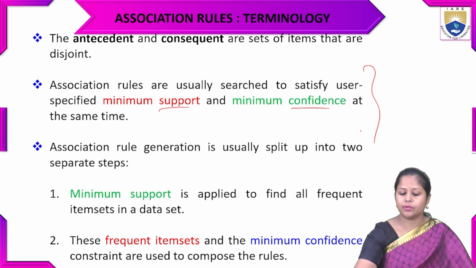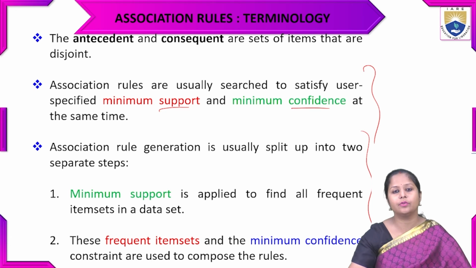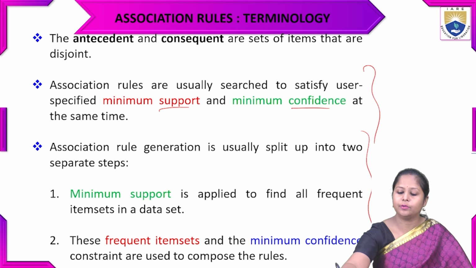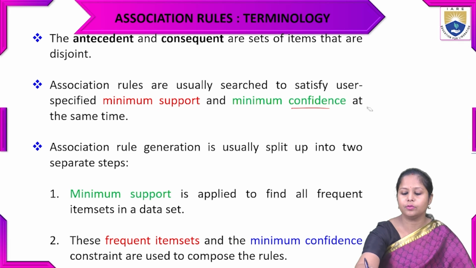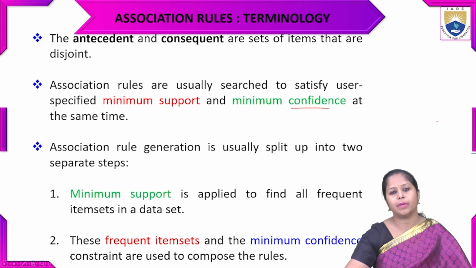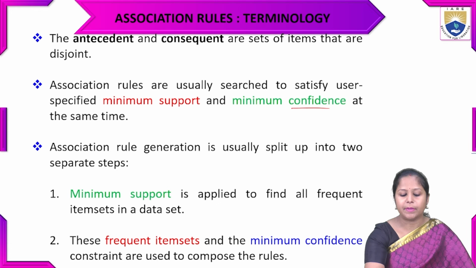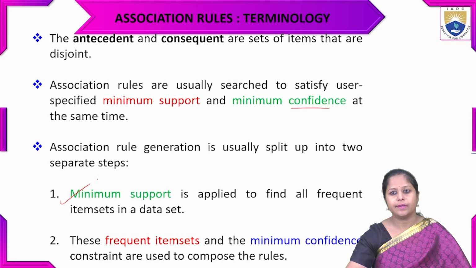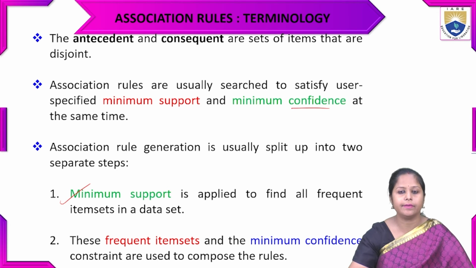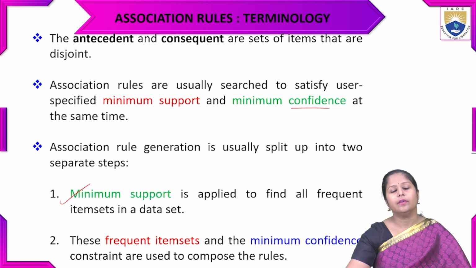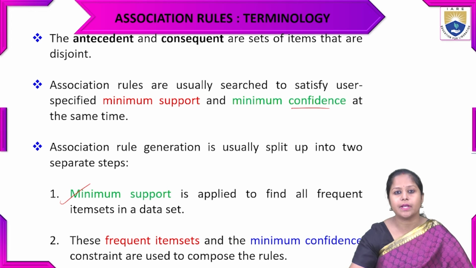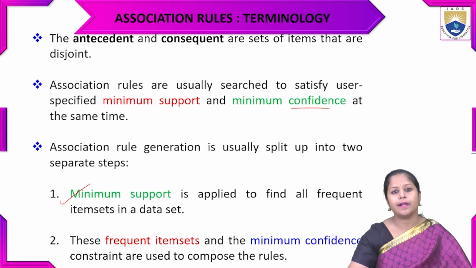So association rule generation is usually split into two parts. These are the two steps, we will see them one by one. Here the minimum support is applied to find all of the frequent item sets in a data set. So firstly, we have to find the minimum support for frequent items and transactions.